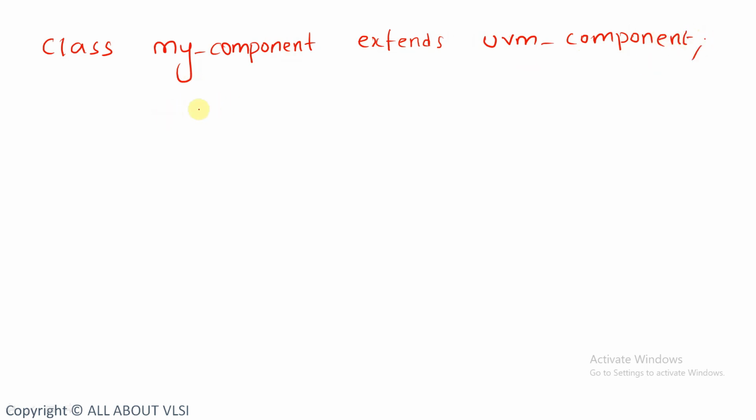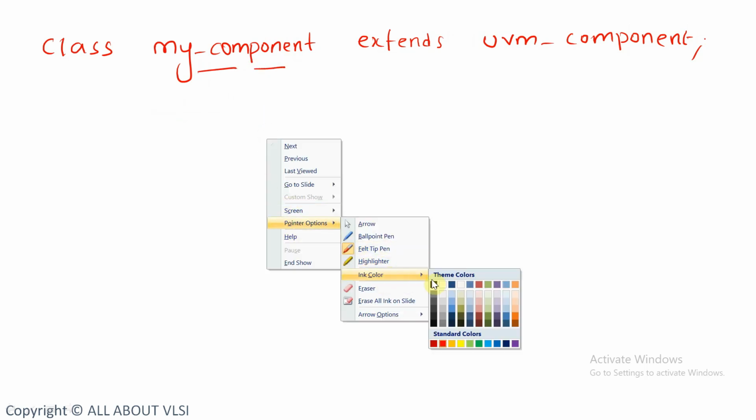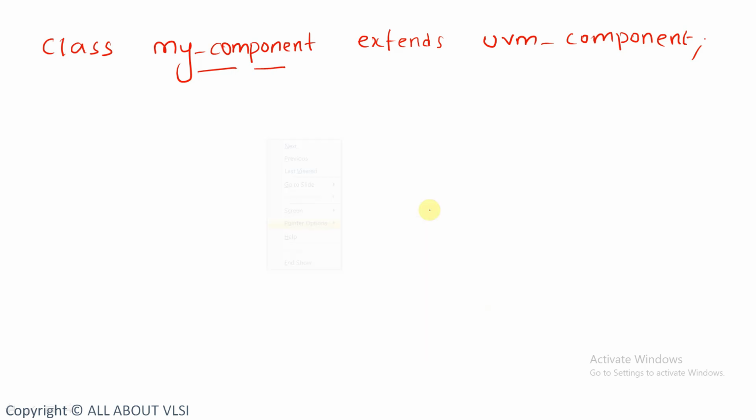Now I have to register this particular component with my factory. How am I going to register it? The first way of registering classes with the UVM factory is case one.